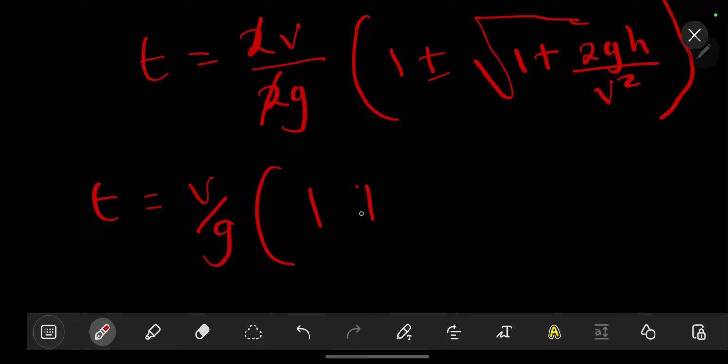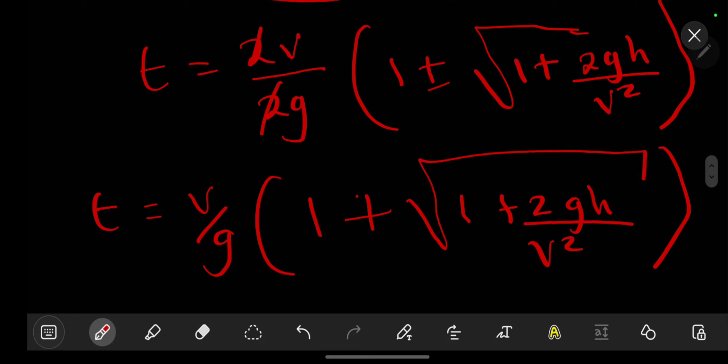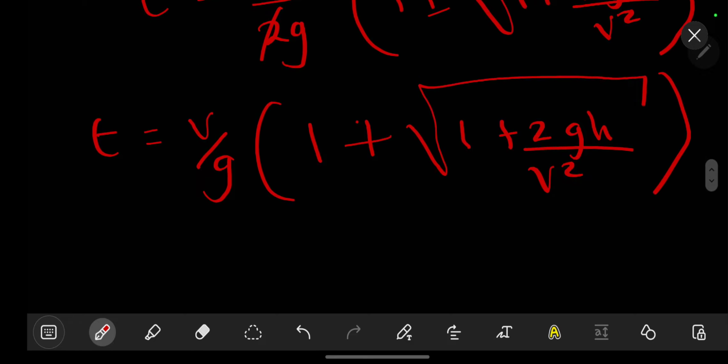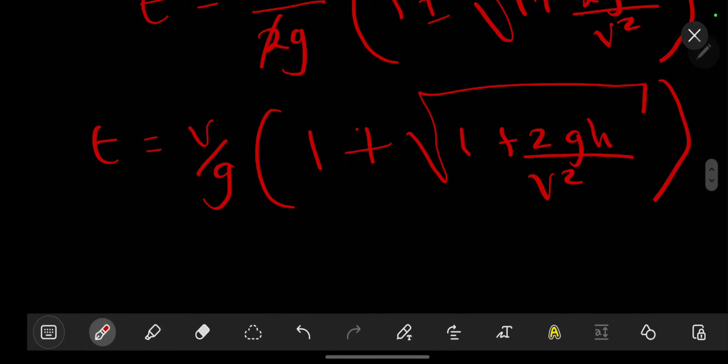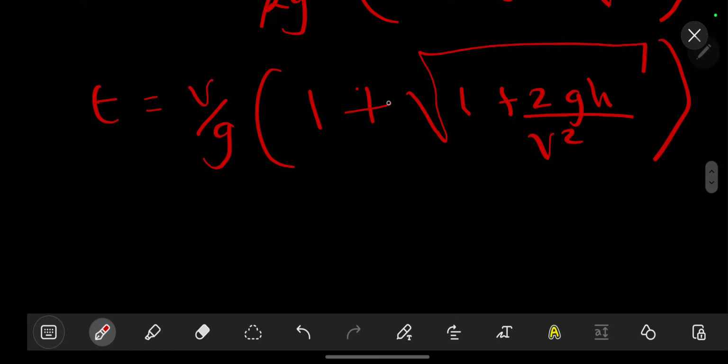We are going to take the positive square root of 1 plus 2gh over v squared. The reason why we are going to take the positive value is very simple. We know that time can never be negative, and we do not know the outcome.